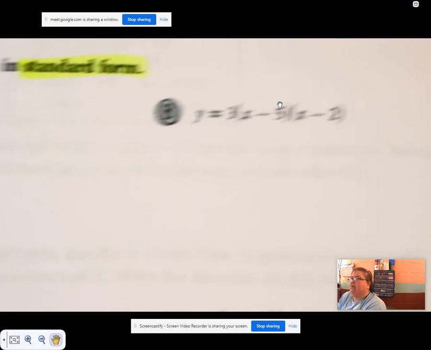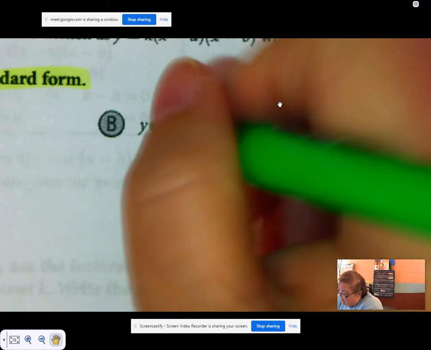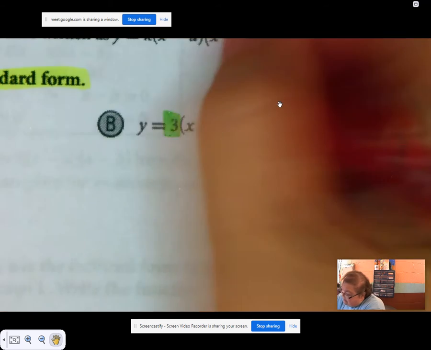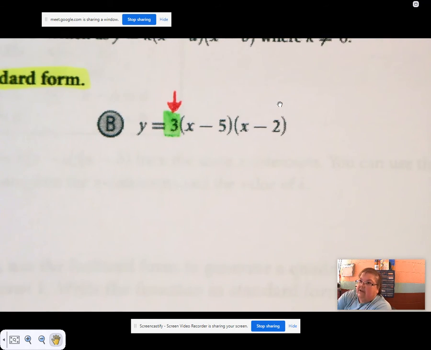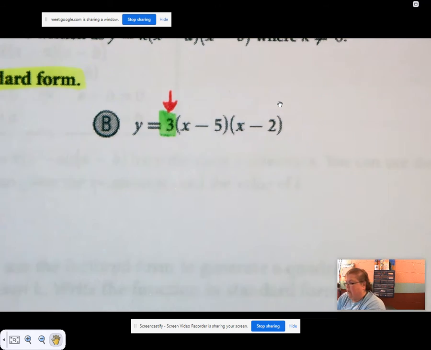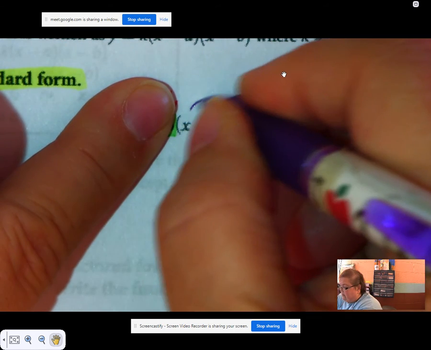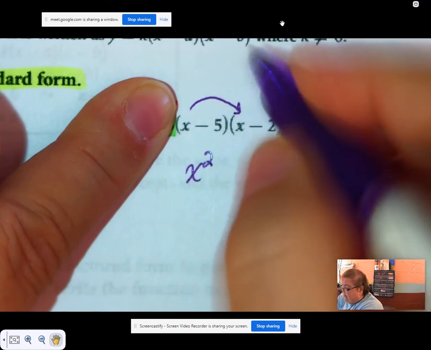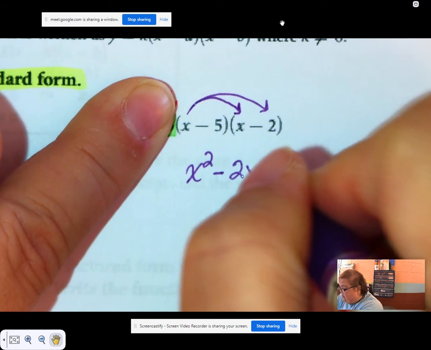Let's go to example B. And again, like I said, I gotta make sure I do something here. Make sure I don't forget it. Okay. But for now, I'm going to cover it up, and I'm just going to work these like I typically do. X times x is always x squared. X times negative 2 is negative 2x.